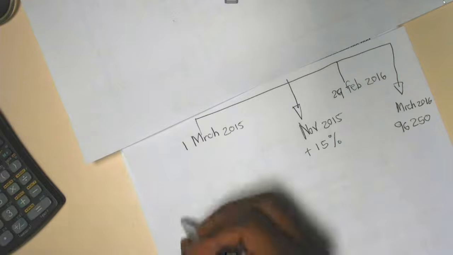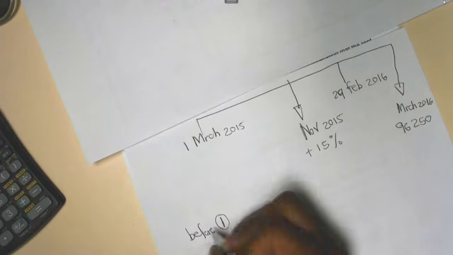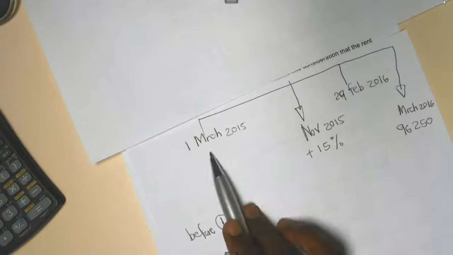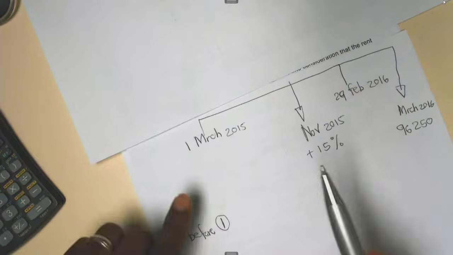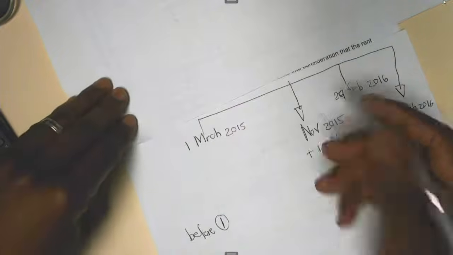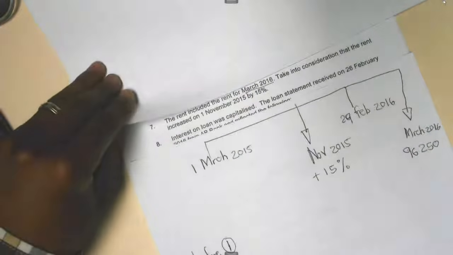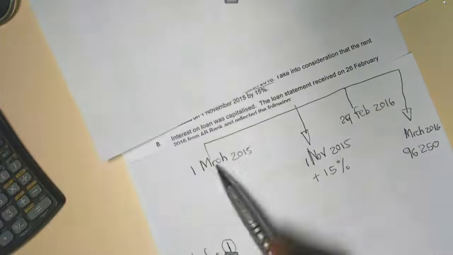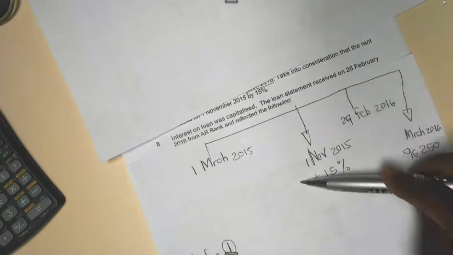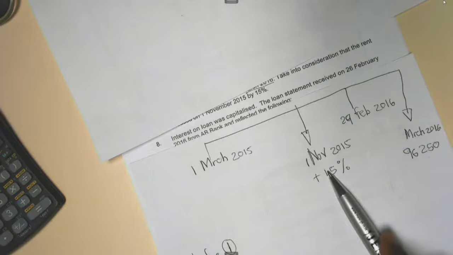Let's look at number 1. Before the increase, how many months did we receive the rent? Which means we need to check, okay, the rent was increased on the 1st of November. Now we need to count from March until before November, because on 1st November the rent is changing.